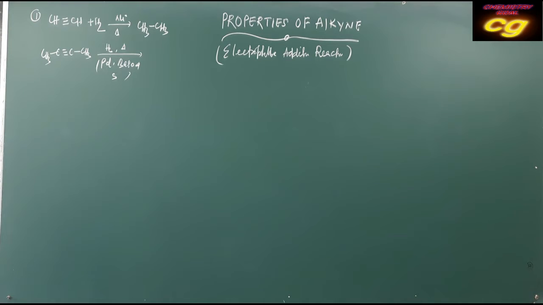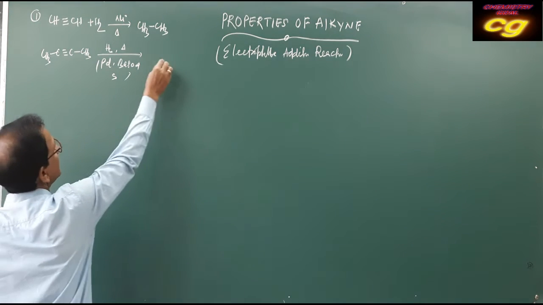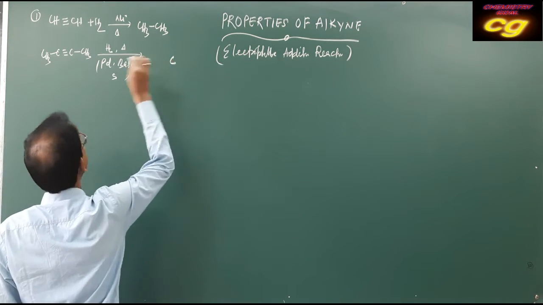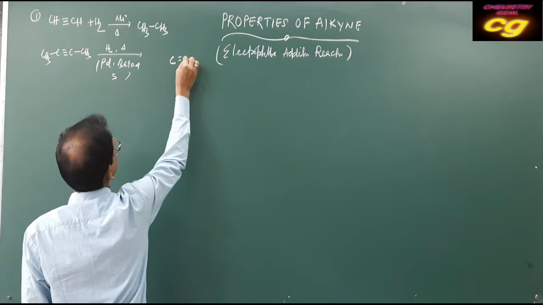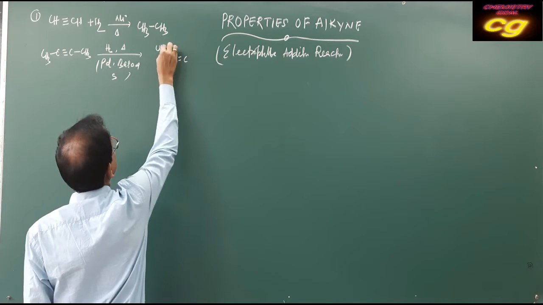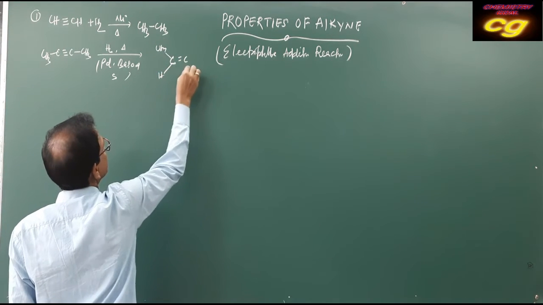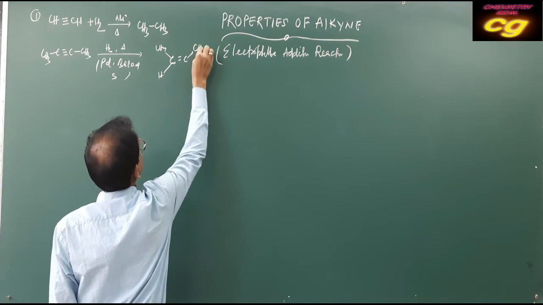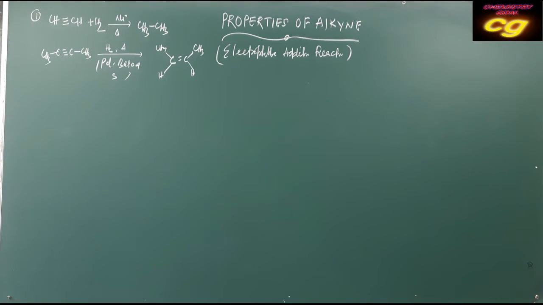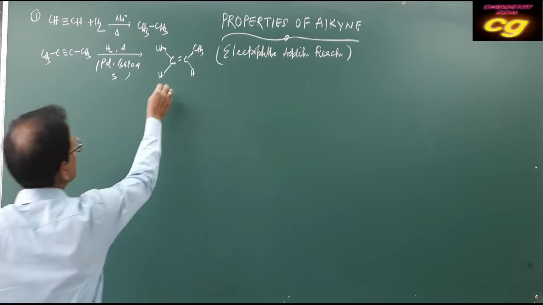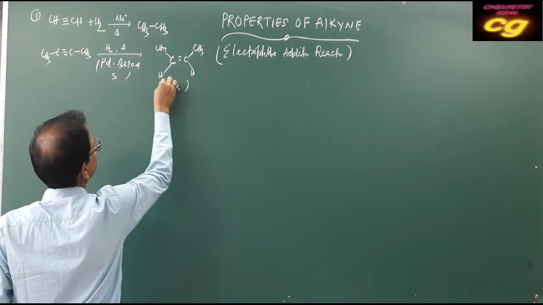Already we have discussed this in the Alkyne chapter. Lindlar catalyst generally gives cis alkene, CH3 and H on the same side. This is your Lindlar catalyst; formation of this is cis alkene.